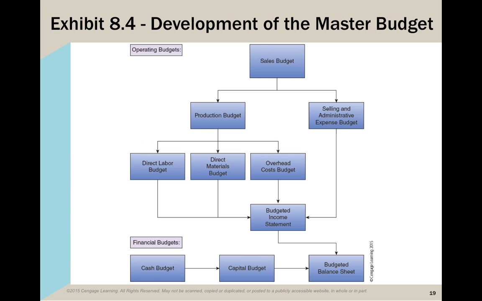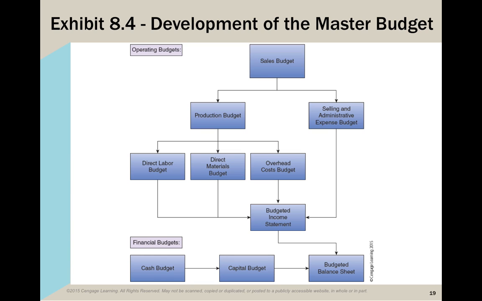So this is an example of a budget document that's used to prepare a master budget. So we start with the sales budget and we continue to move down through the system where we have, if we look to the left with the production budget, we have direct labor, how much it's going to cost for our employees, how much will it cost for our materials under direct materials, and then overhead.